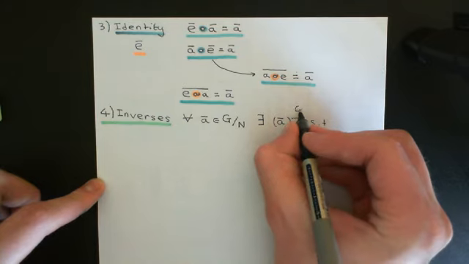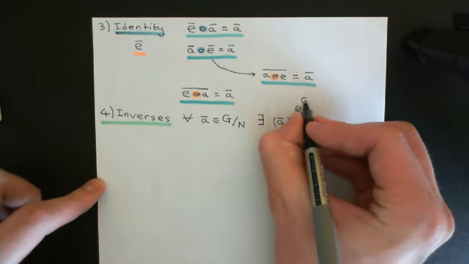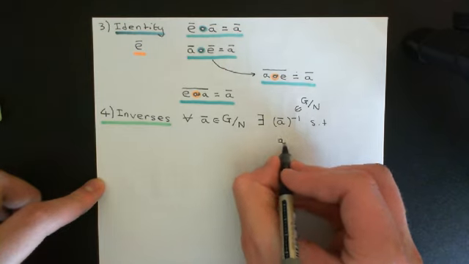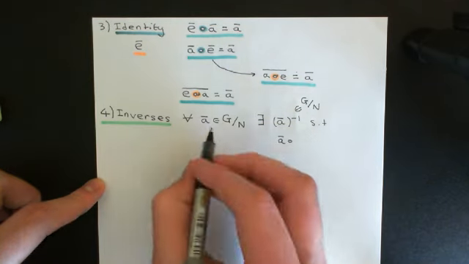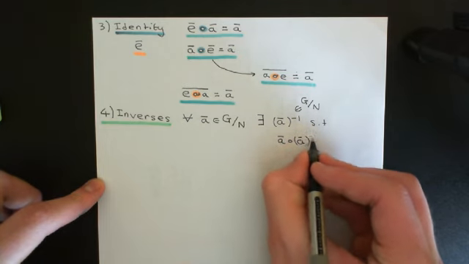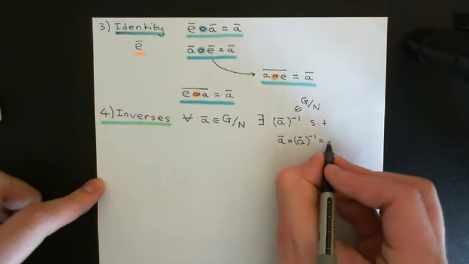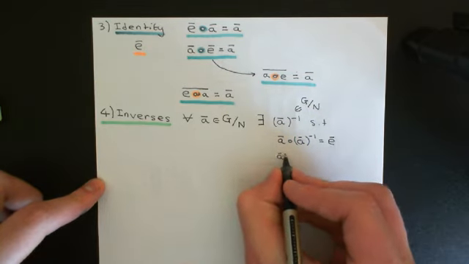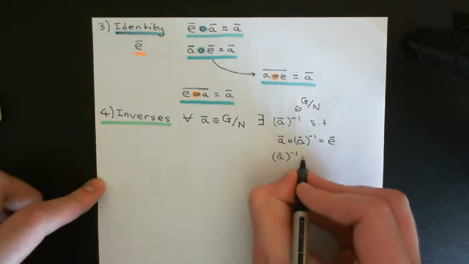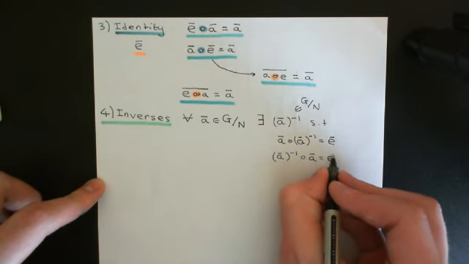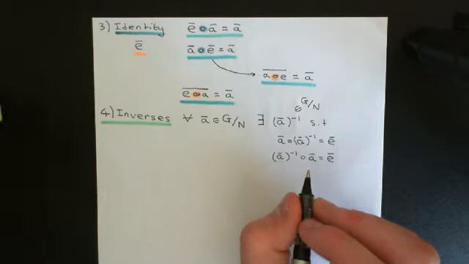I've missed that bit out, I'll just stick that in, so which is an element of G over N, such that A bar composed in the quotient group with A bar's inverse is equal to the identity element, which is E bar, and also A bar inverse composed in the quotient group with A bar is also equal to the identity element, which is E bar.